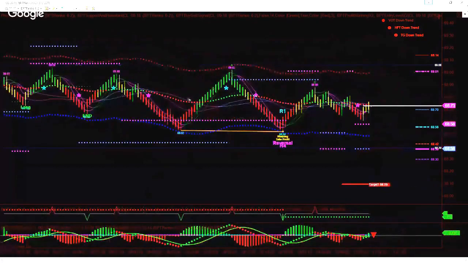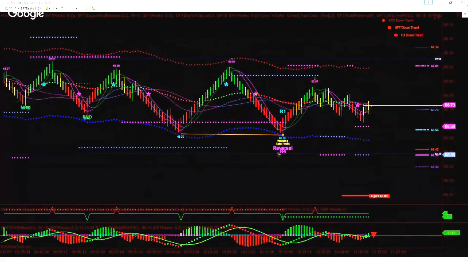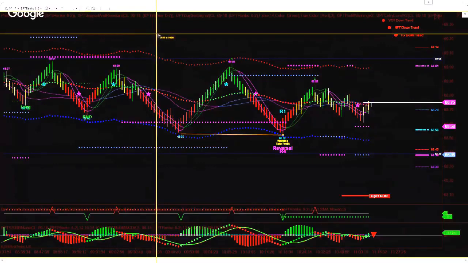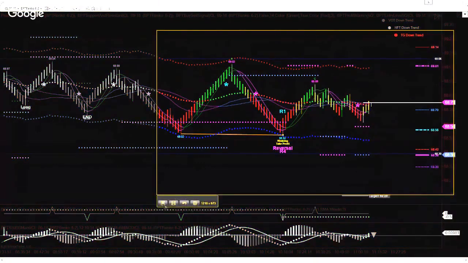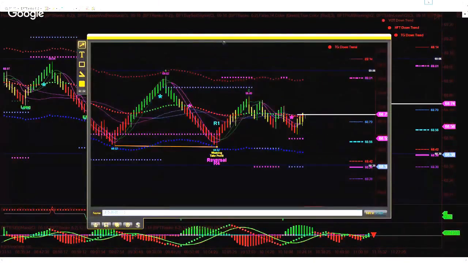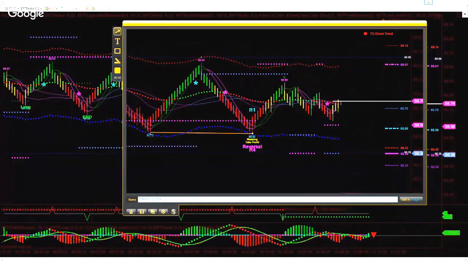All those inside the band, you should not be touching. Let's look at the last entry on the CL today. Here is one.